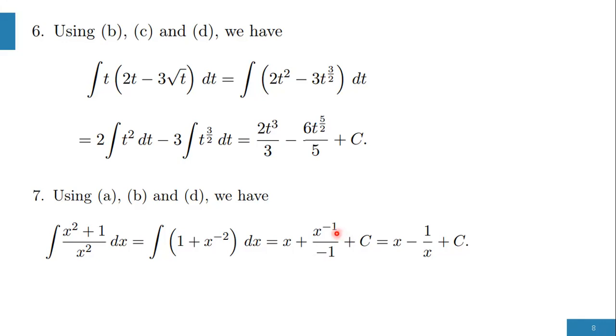And as we simplify that, that's equal to x minus 1 over x plus c. That is our final answer for example number 7. And that's it for our detailed solution for the 7 examples I have presented to you.